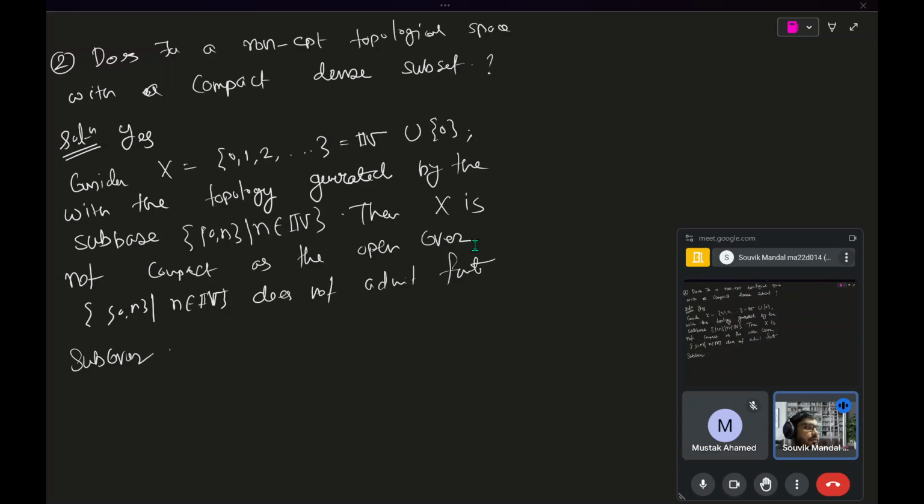However, the singleton {0} is a dense subset of X, and it is compact as well.